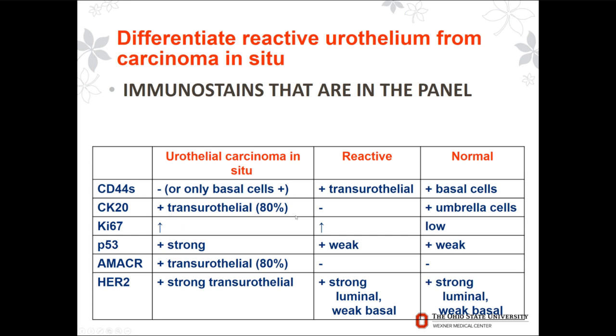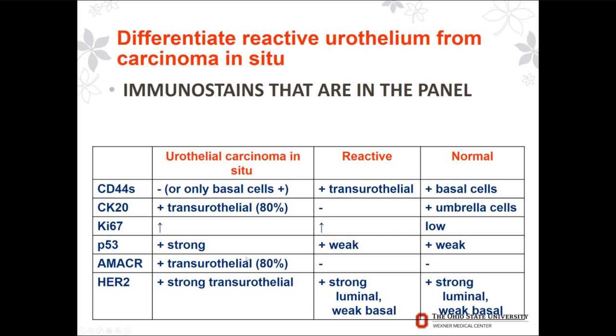Again, you have to remember that it really boils down to what the molecular changes are in these patients. Is it a luminal subtype? Is it a subtype that stains with CK20 or not? But in general, we use CK20 as a surrogate marker to differentiate neoplasia versus dysplasia versus normal.